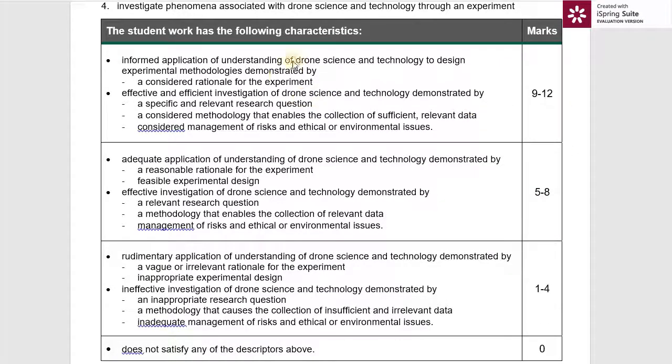So according to this criteria, you'll be marked on how well you do this particular objective, either getting 9 to 12 marks, 5 to 8 marks, 1 to 4 marks, or 0 marks if you do not satisfy any of the descriptors above.